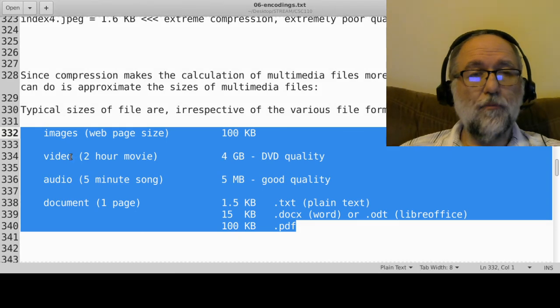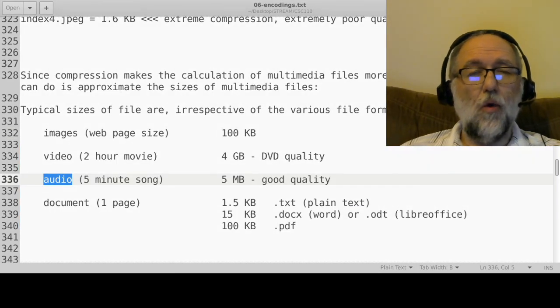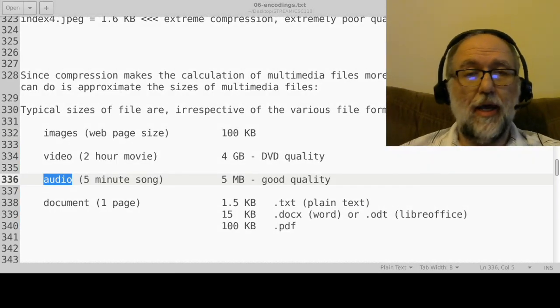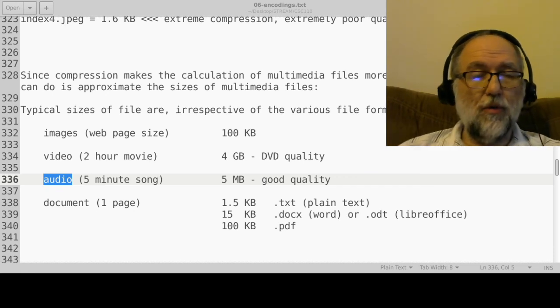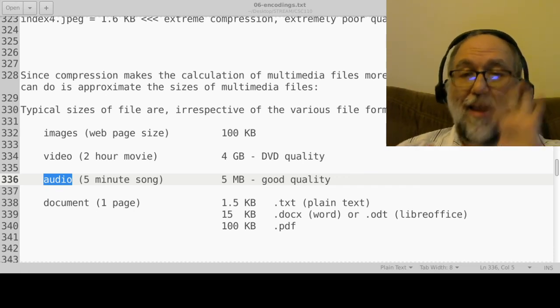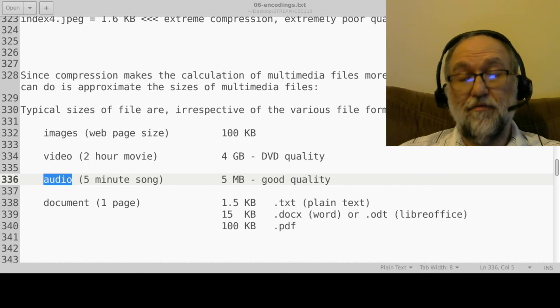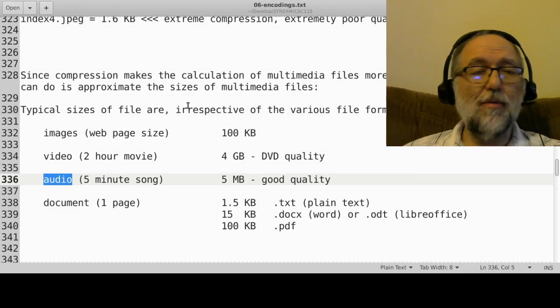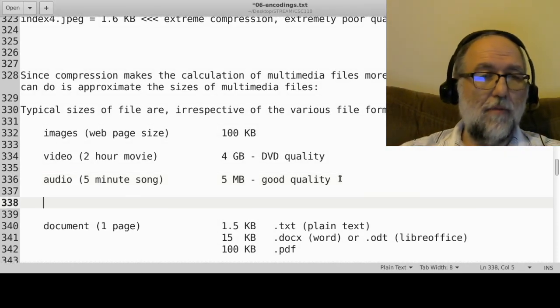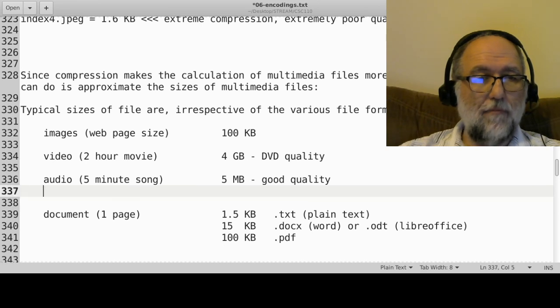And then audio. I didn't show you how audio is encoded, but if you were to encode audio, 5 minutes is like 5 megabytes in size. In fact, probably a better way to think about this is basically 1 megabyte per minute.